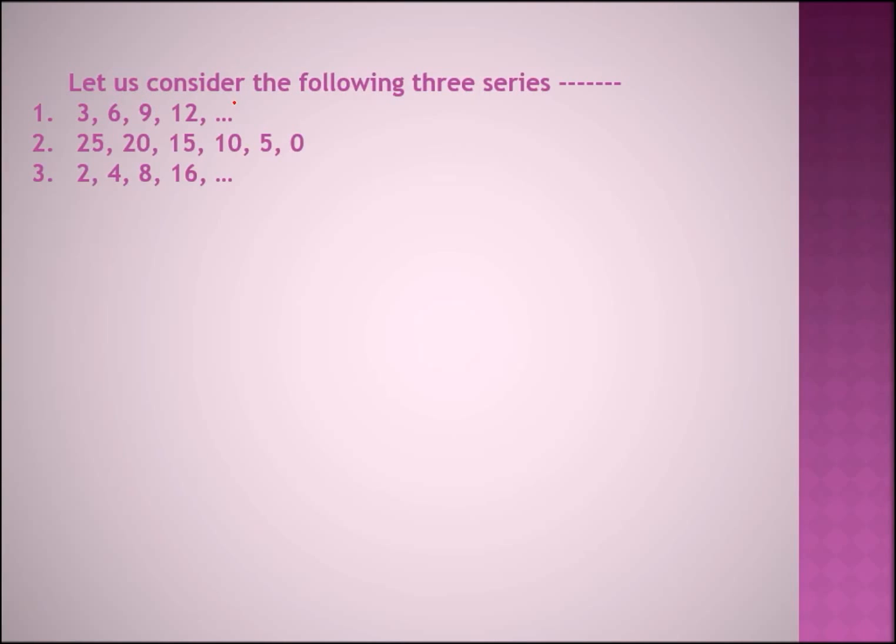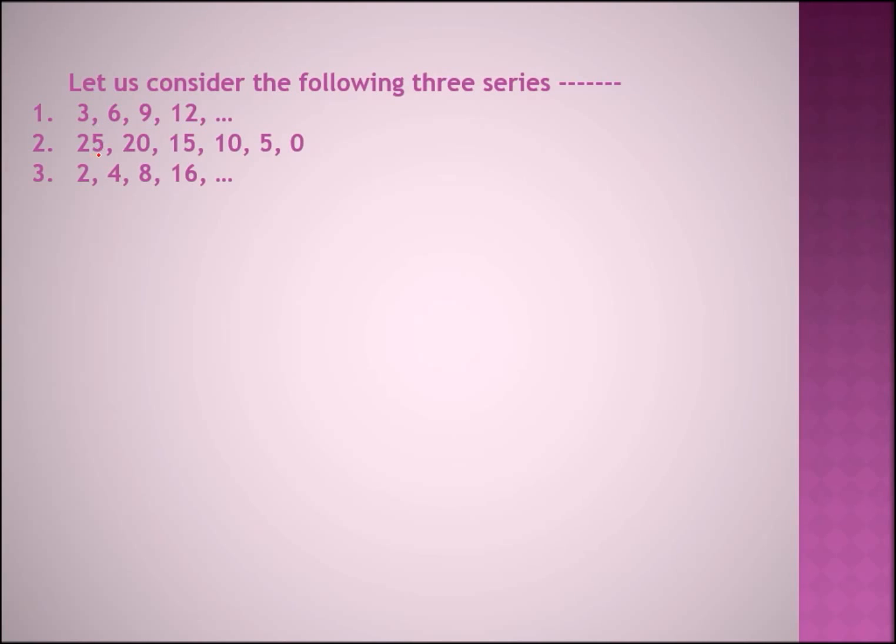Now let us take the following 3 series. The first one is 3, 6, 9, 12 followed by 3 dots, implying that there will be more terms as well. There are more terms in this series. We have written just the first 4 terms.